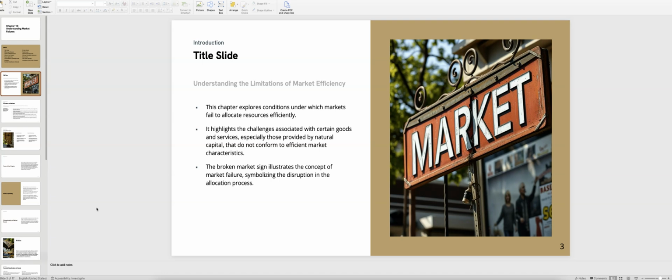For most goods, most of the time, the idea is that if we let markets, where we have demand and supply curves, figure things out, what we will find is that our efficiency is maximized.